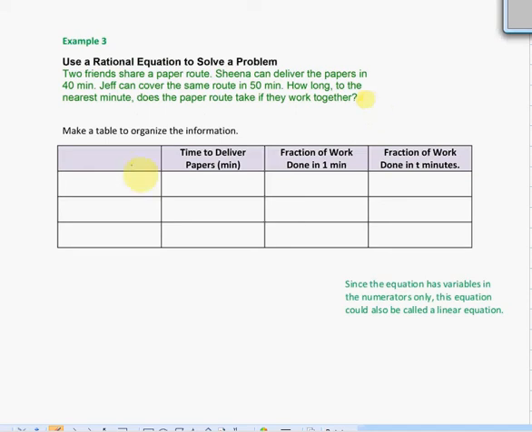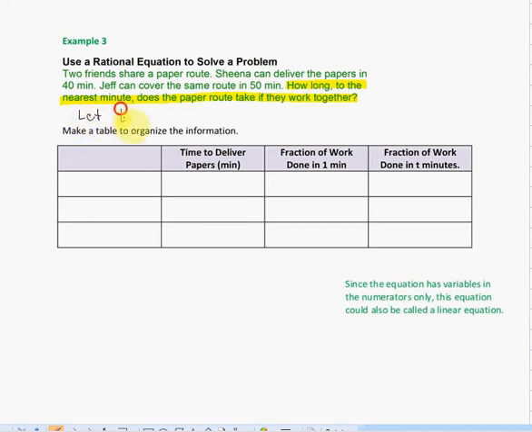Okay, so it's helpful to have a table to organize your information. It's not necessary, but it's helpful. If we take a look at the question, how long to the nearest minute does the paper route take if they work together? Then we know that our let statement is going to reflect that question.